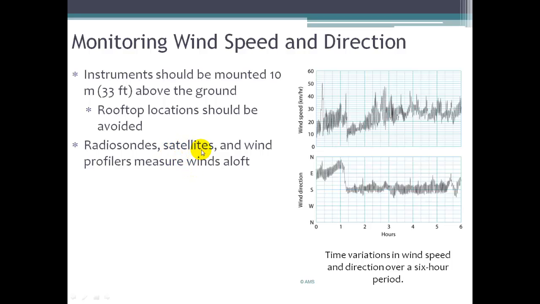If we can identify it in the satellite image, then we can compare its location at different times and therefore measure its speed. And then we have these new devices called wind profilers, which you can read more about in the textbook. They measure winds higher up in the atmosphere using microwaves that are sent out higher up into the atmosphere and then able to be traced to give us an indication of how fast winds are moving higher up.